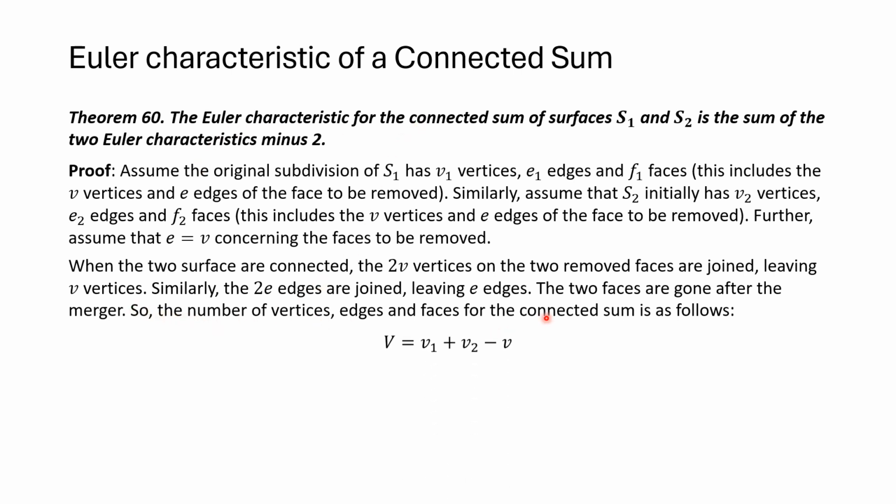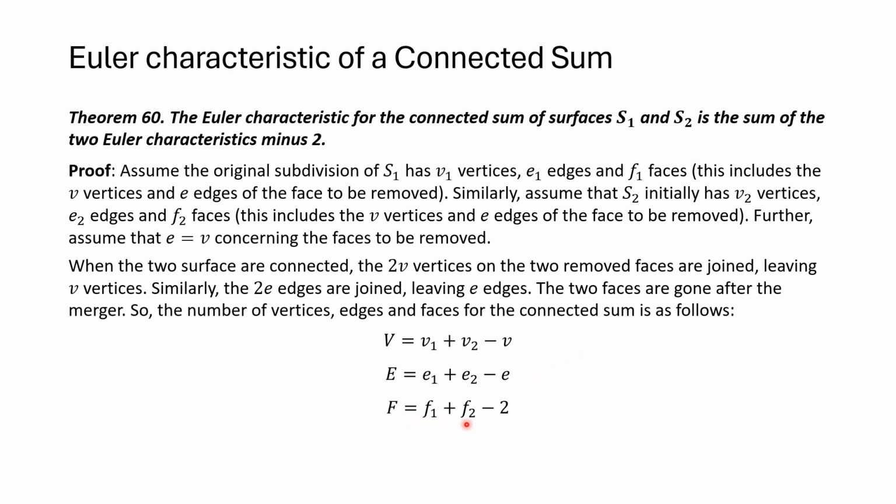And so what we get, just write it down here. The number of vertices is V sub 1 plus V sub 2 minus V, because we had 2V before we did the connection procedure. And the same thing here. We just add the edges here and then minus E from this.